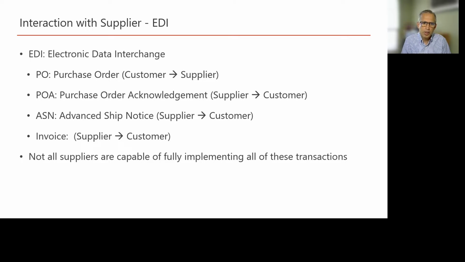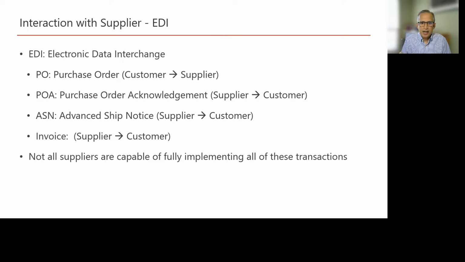Remember also that the supplier does not need to ship all the lines together. So therefore, it's important to know which lines were shipped and what were the quantities in each of those lines. And the fourth one is invoice, which is payment request sent by the supplier for the lines that have been shipped.